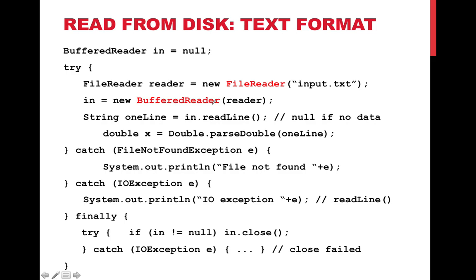So what you typically need to do is read one line at a time and then parse it. If you are expecting a double number, convert it. If you are expecting two integers separated by a blank, then you need to process that from this line. Of course, checked exceptions are thrown, so you need to catch them properly.